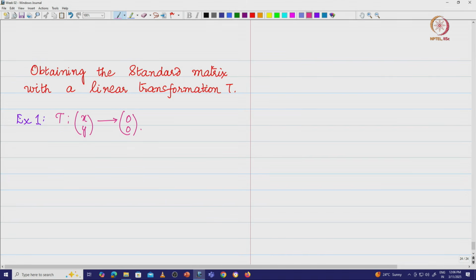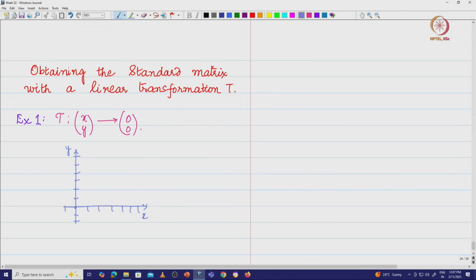Now what does this mean geometrically? That is interesting to see. Let us say I have my standard R2, my xy plane, with the x axis and then the y axis. What does this say? Look, I am going to take any vector and every vector in the xy plane.